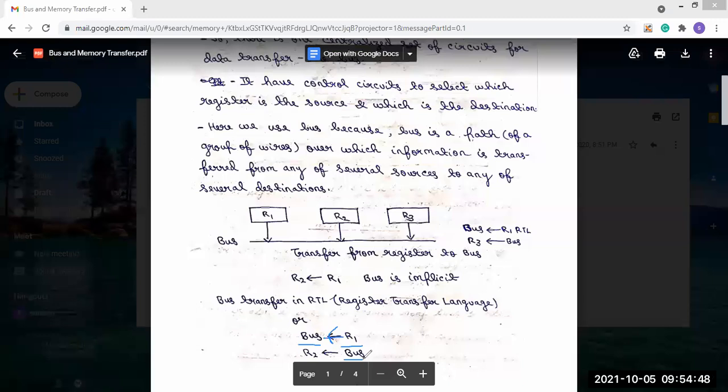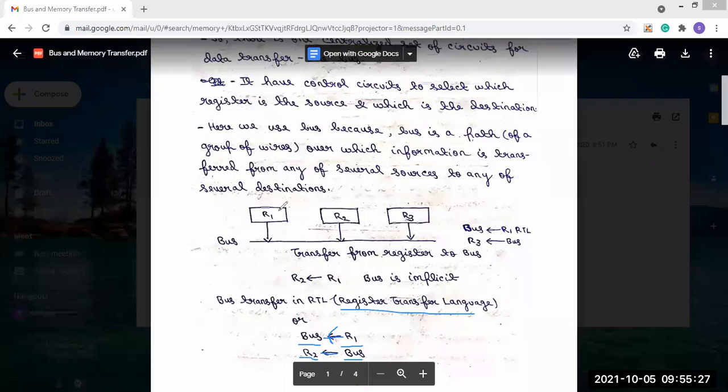Then in the next step, step 2, we have written the bus, because the data is now transmitted to the bus. So from the bus, the data will be transmitted to the R2 register. So if the R1 and R2 registers want to communicate, then it can be written like this as a bus transfer. In register transfer language, we write the position from which the data is transmitted on the right side, and the position where the data will be transmitted on the left side.